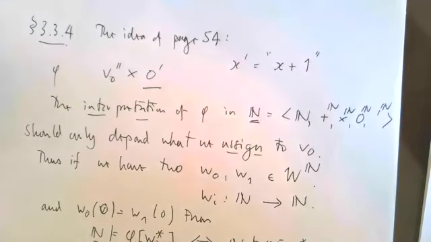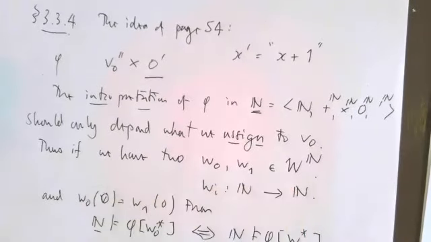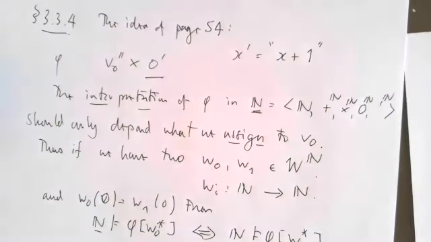Please, could you explain what the w0 and w1 are? Right, so this is defined on one of the earlier pages, definition 330.